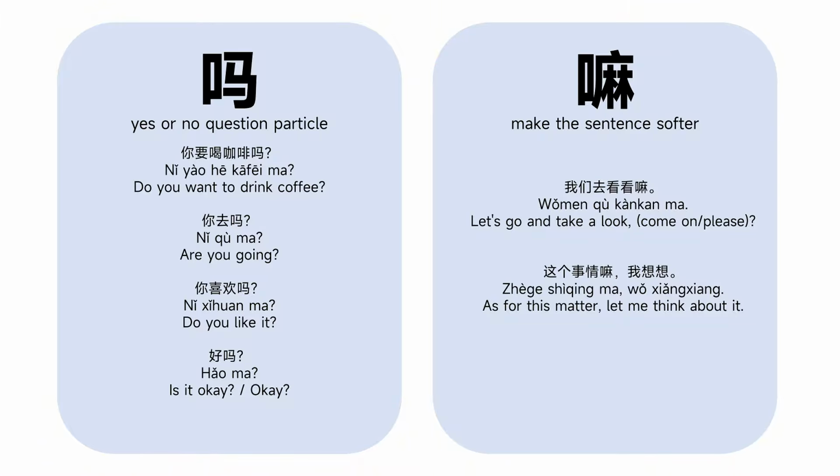So do not mix them up. Even for native speakers like us, sometimes we will mix them up because we can understand the context and sometimes we may typo, but I would strongly recommend you to distinguish them because they mean different things, and I would strongly recommend you to use them properly.